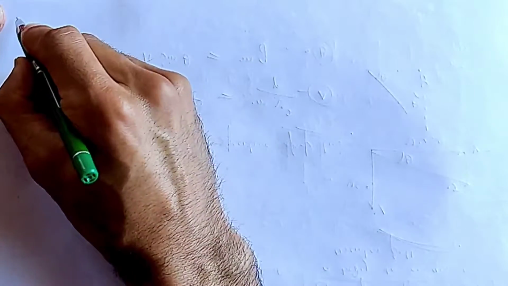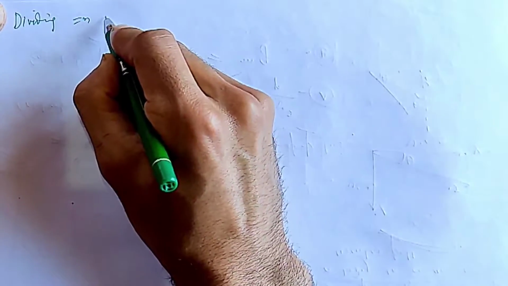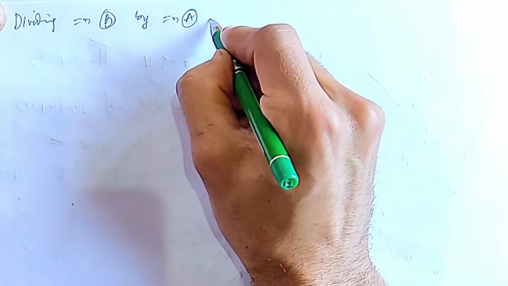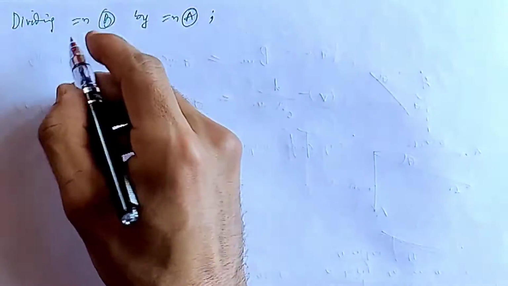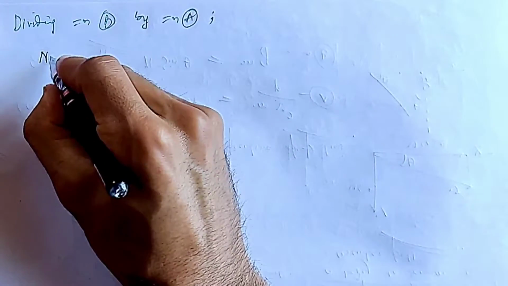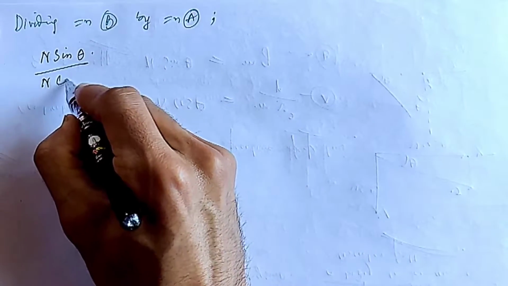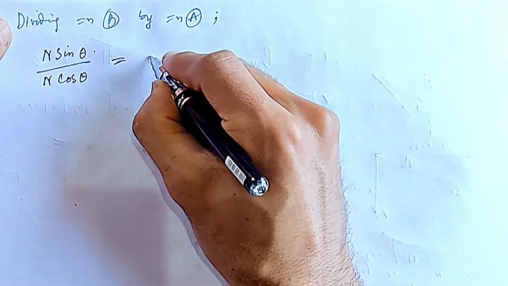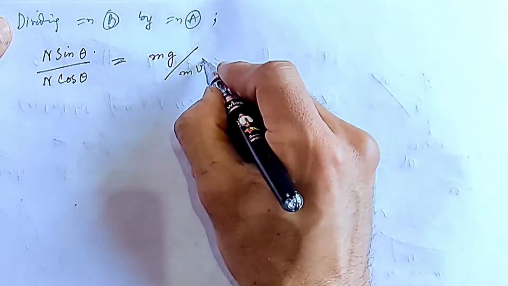Upon dividing equation b by equation a, we get n sine of theta divided by n cosine of theta equal to mg divided by mv square by r.